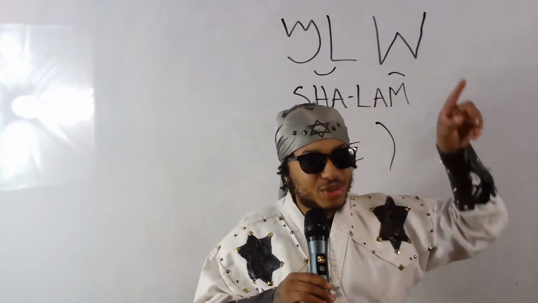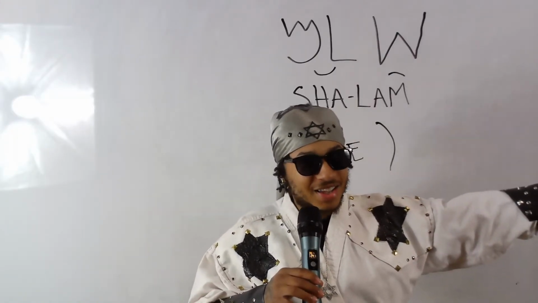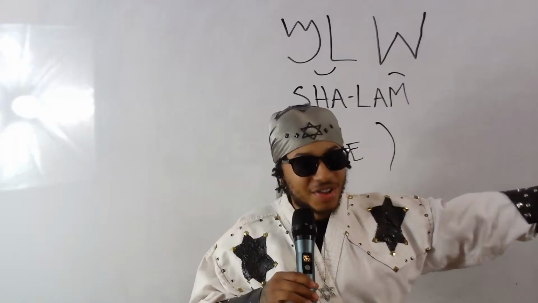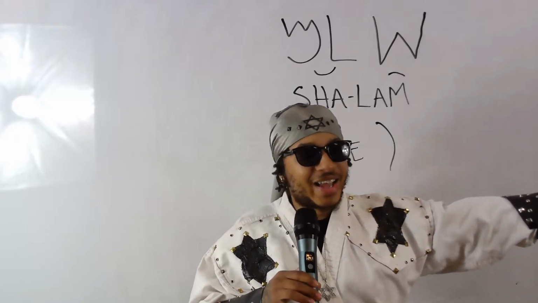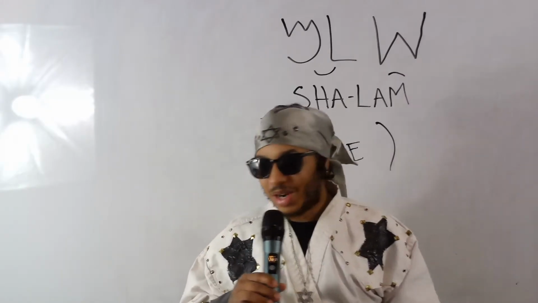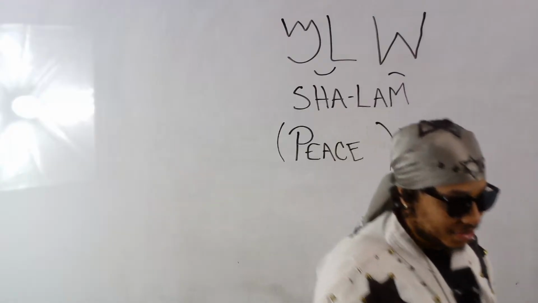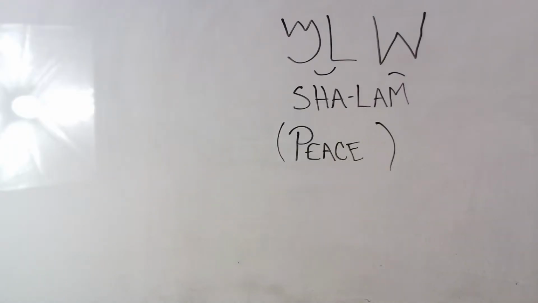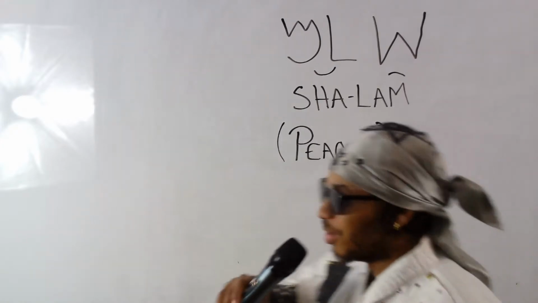This brother came from Jerusalem, the city of David, and he came down to Jericho. And what happened to this brother? He fell among thieves. These thieves, they weren't about no shalom, or they wouldn't be thieves.